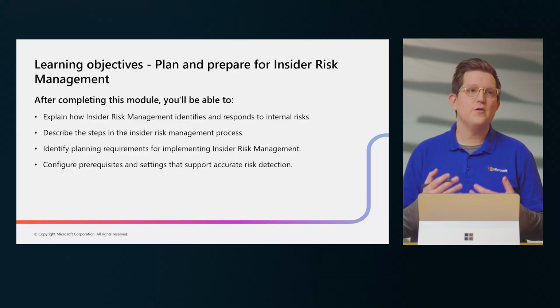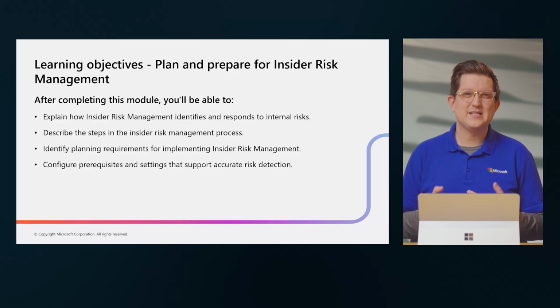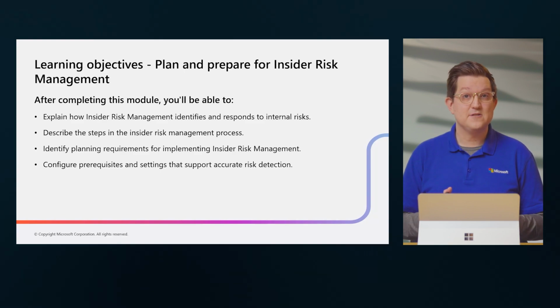This is not going to be used for every type of internal investigation, but there are some clear things that we need to follow. Planning requirements and stakeholder engagement, as well as getting the right prerequisites in place, are going to be critical to your success in the rollout. Let's begin with a little bit of the understanding of potential insider risks that we may face.